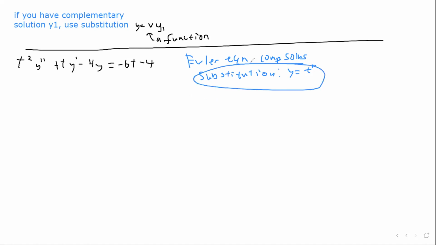Well, you need a substitution no matter what, but to figure out what r is, you can either plug in the substitution directly and play around with it, or use a r minus 1 plus br plus c equals 0.